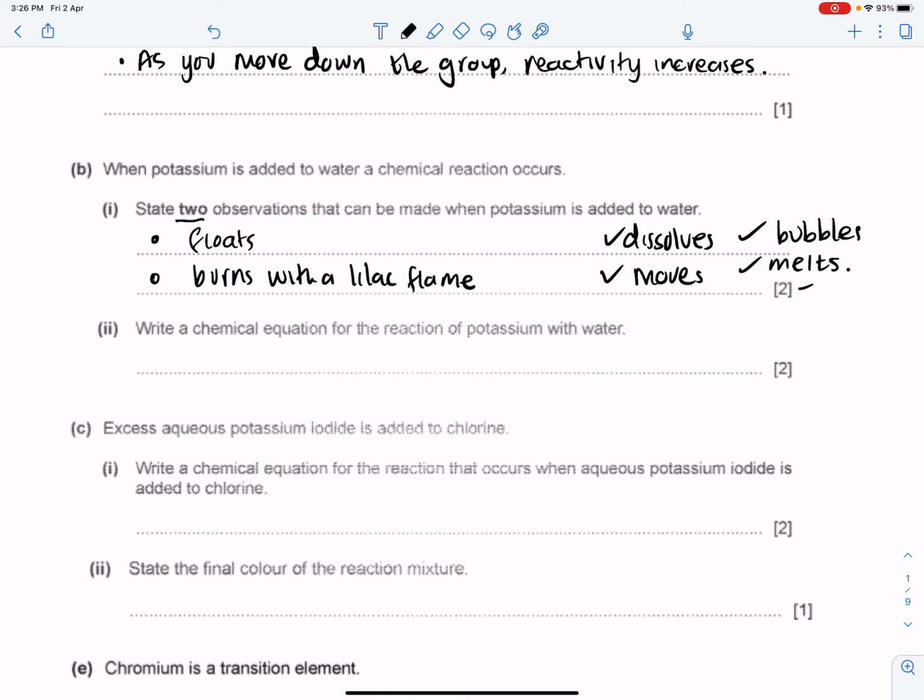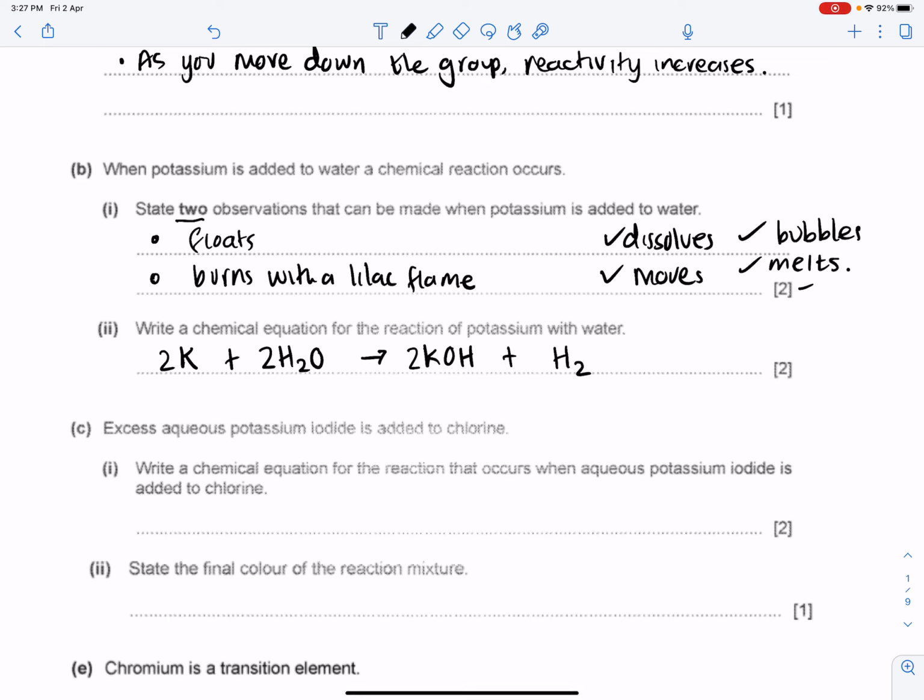Write a chemical equation for the reaction of potassium with water. So potassium plus water makes potassium hydroxide and hydrogen gas. Now what we have to do is balance it. So we need a 2 there, and a 2 there, and a 2 there.